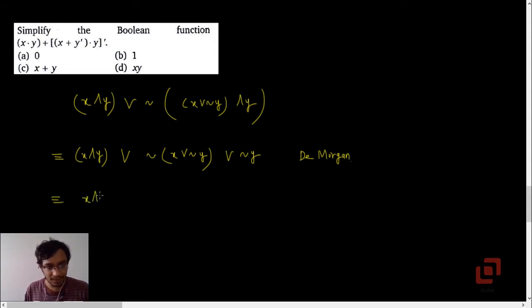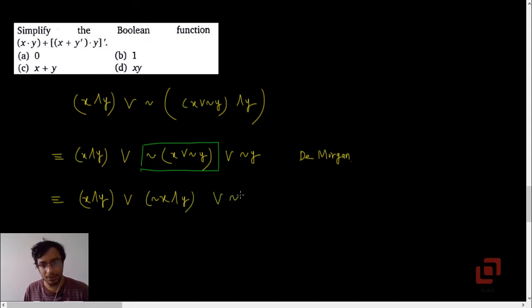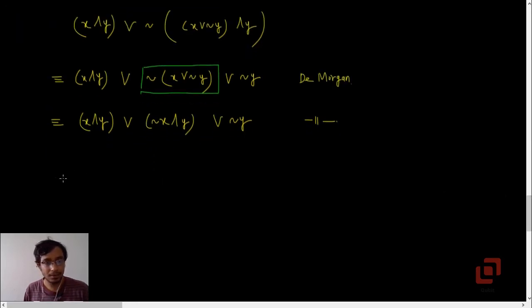So this is now x and y, or now again apply De Morgan's law for this proposition. So what will it be? It will be equal to negation x and negation of negation y is y, or negation y. So again De Morgan's law. Now we can apply the distributive law, where we can apply the distributive law for the first two propositions here.